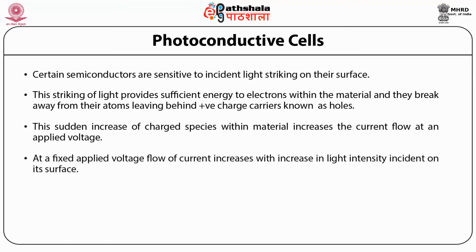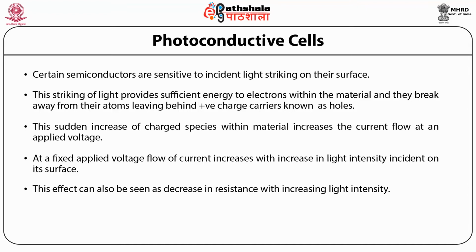At a fixed applied voltage, the flow of current increases with increase in light intensity incident on its surface. This effect can also be seen as a decrease in resistance with increasing light intensity.